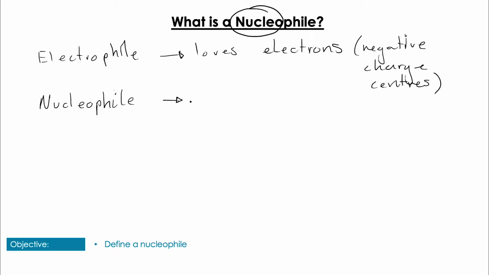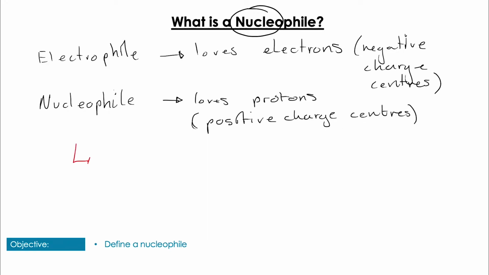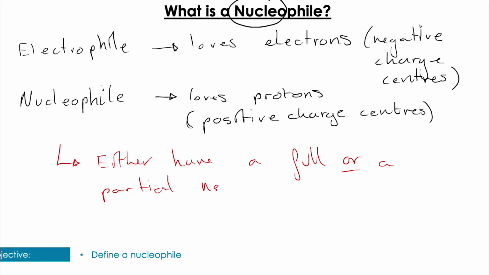So indeed, nucleophiles love protons, or better said, they love positive charge centers. So the exact inverse of an electrophile. And these contain either a partial or a full negative charge, just the opposite of an electrophile.